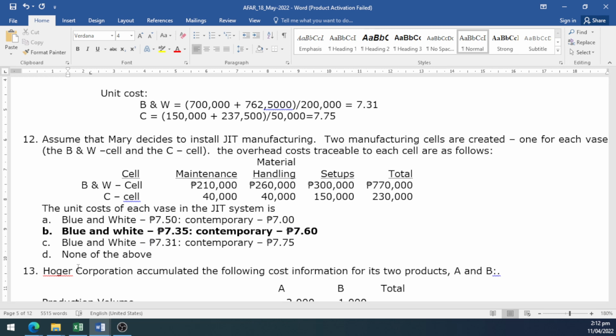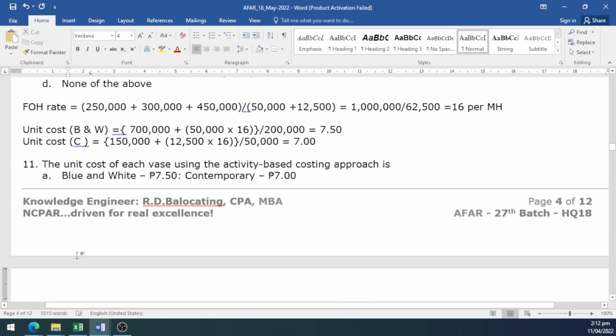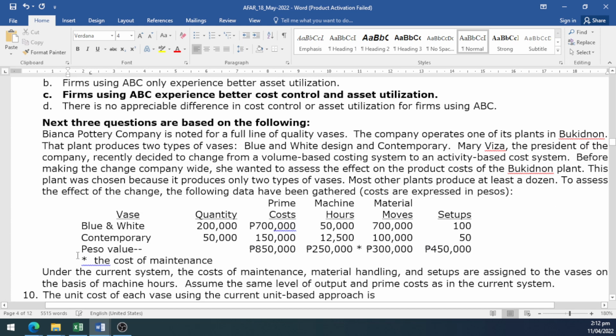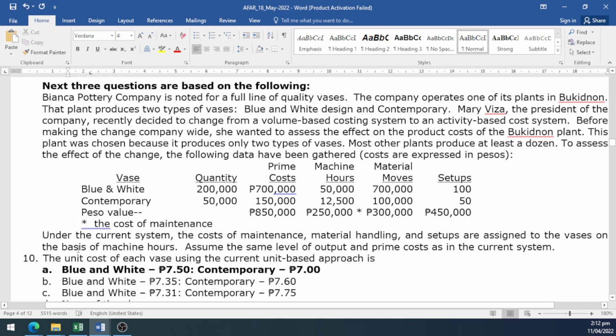Natapos natin ng just-in-time manufacturing system. So we take up 10, 11, and 12. And item number 10 is traditional system.